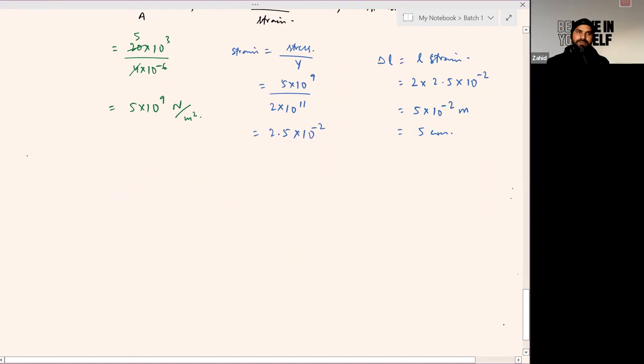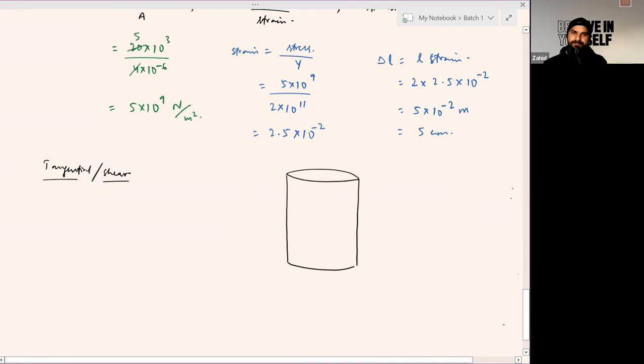Next, the second type is tangential or shear. Suppose you have a cylindrical body placed vertically on a rigid support such that its base is fixed.